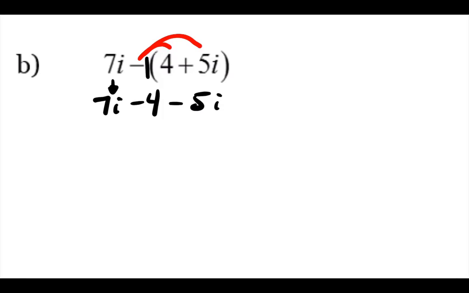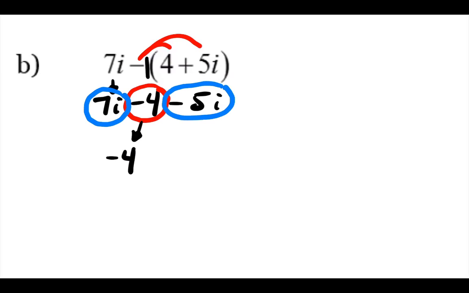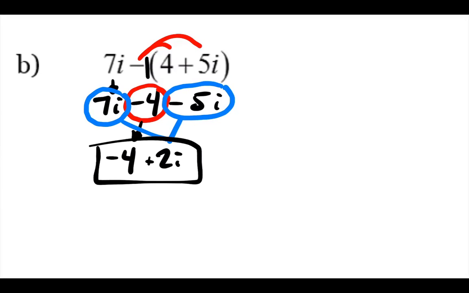Combine like terms. Real part comes first. There's only one real number, that's -4, so that comes first. The next one is the imaginary part. I have two imaginary parts, 7i and a -5i. If I combine those, I get +2i. Done.